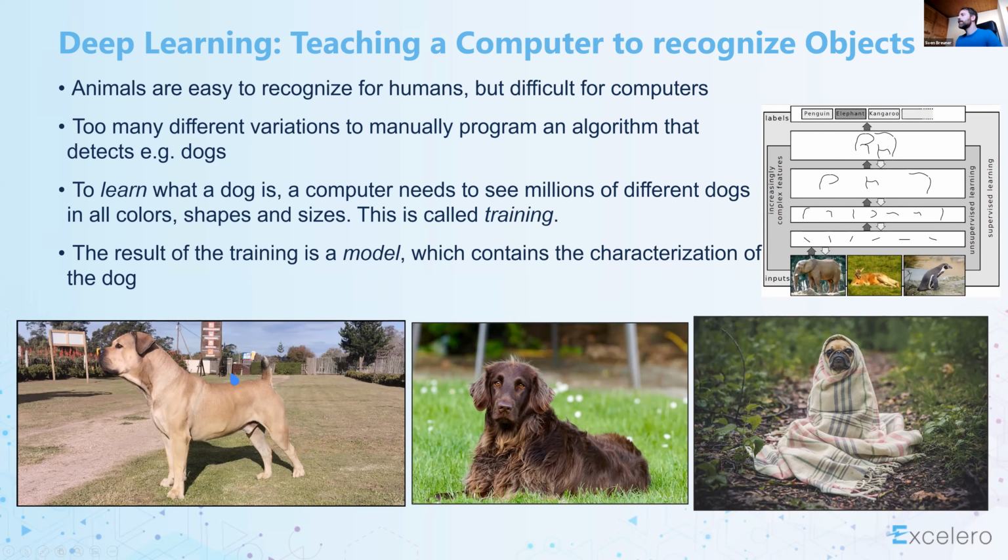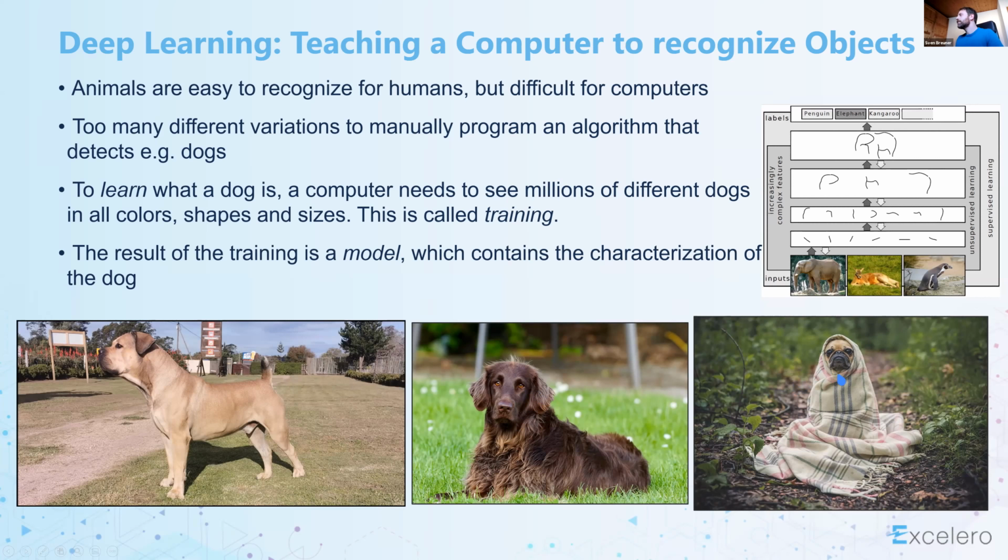Suffice to say that you really need many, typically millions of images to characterize all dogs in all kinds of shapes and sizes, because you can easily see for a computer to recognize this. Here on this image, we only see a single eye and a single ear. Here on this image, we have 2 eyes and 2 ears. So from the computer perspective, this is already very different.